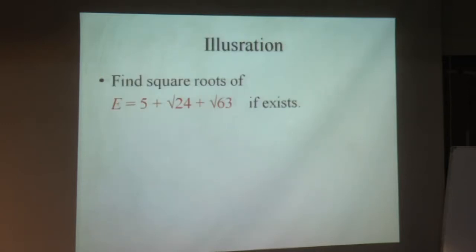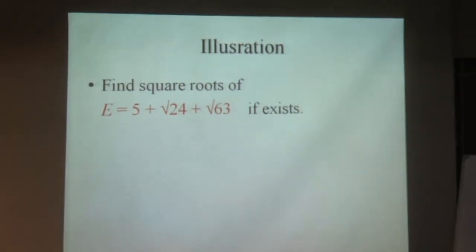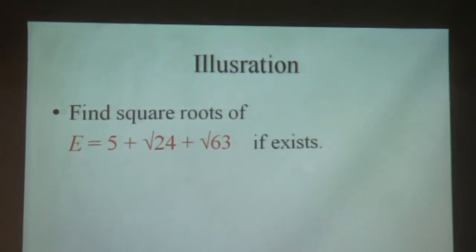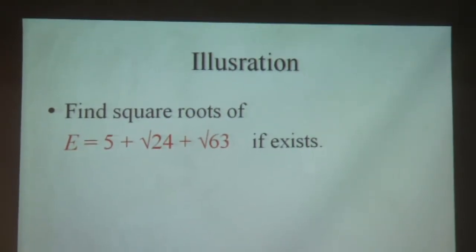See the example. I have selected 5 plus root 24, root 63. There are only 2 Karanis, and by observing that there are only 2 Karanis, I will declare that the first condition is not satisfied, so the square root is not possible.